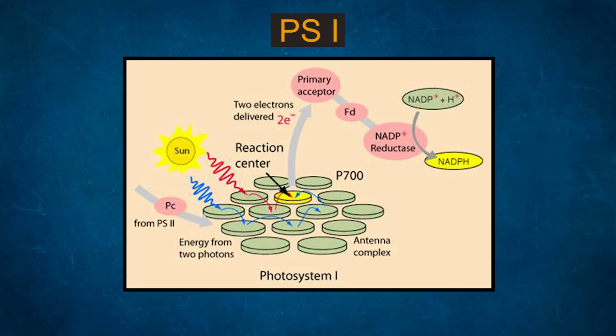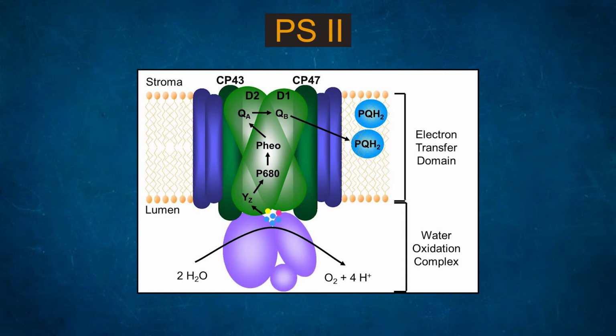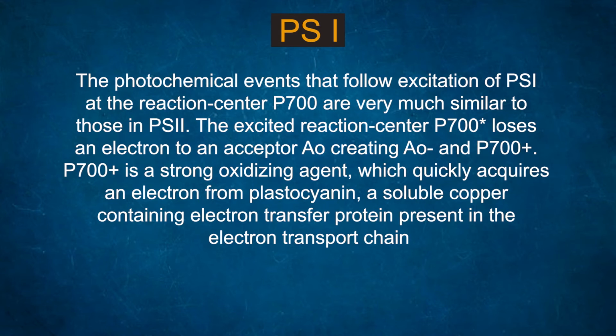After it absorbs far red light, it again becomes excited, moves to a lower reduction potential, and then gives away the electron to a series of iron sulfur proteins, finally to ferredoxin, and from ferredoxin to NADP+, producing NADPH. So, the end result of photosystem 1 is the production of NADPH. The end result of photosystem 2 was PQBH2. This is how the photochemical events occur at the two photosystems.